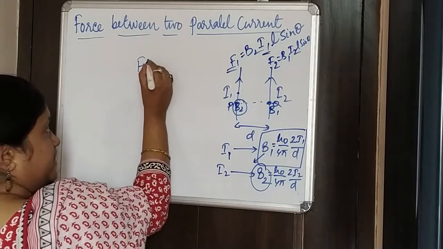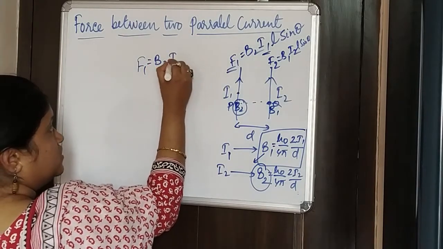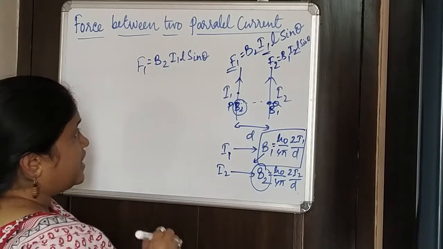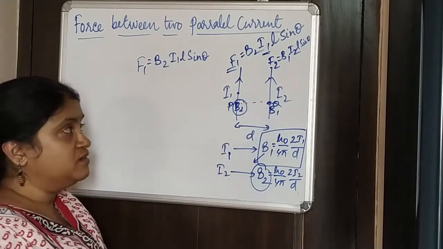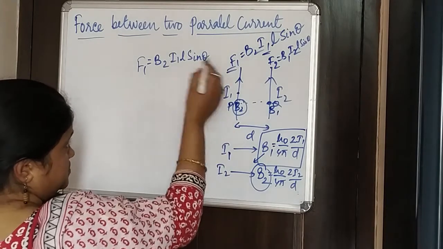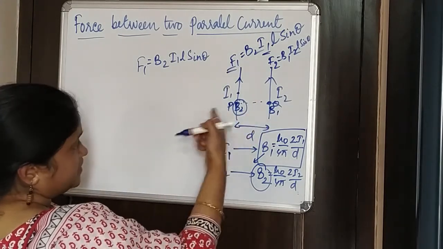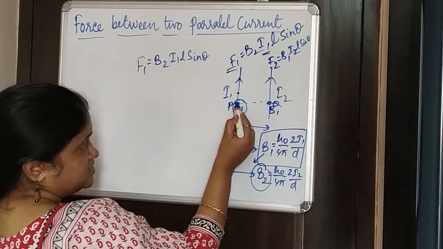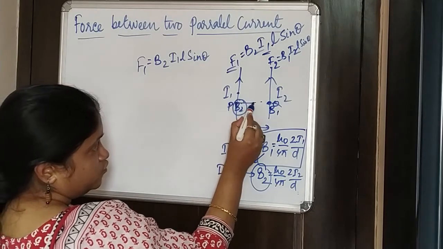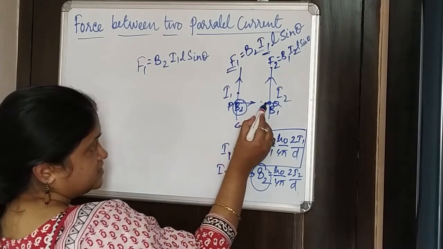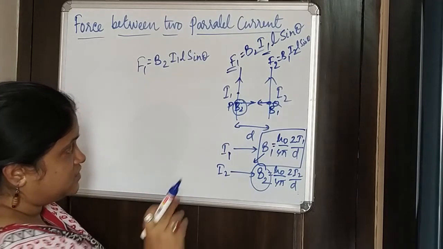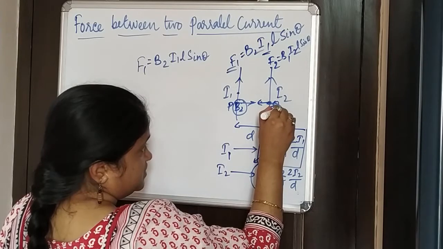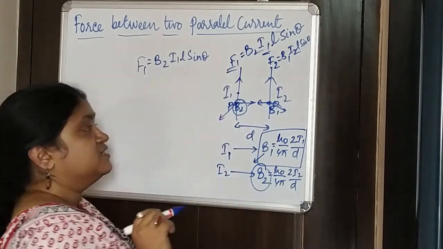So F1 is B2 I1 L sine theta. Since both wires are parallel, the magnetic field and the force are perpendicular to each other. In this case the force will be towards here, and in this case the force will be towards here. This magnetic field is in this direction, and this magnetic field is in this direction.